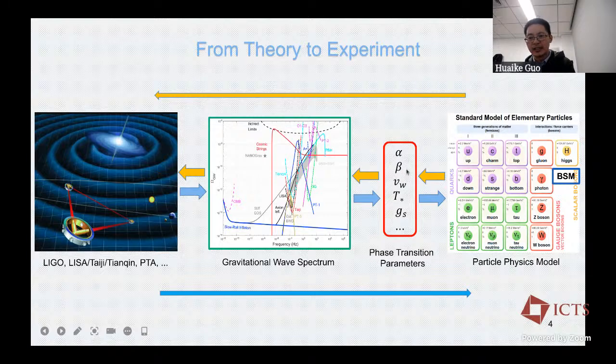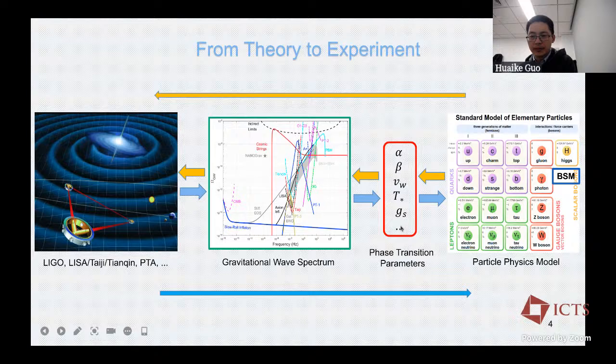Beta is some kind of frequency or inverse time scale. And v_w is the wall velocity, in the previous talk a figure about how the bubble expands and how fast it expands. T_star is the temperature when the phase transition happens, and g_s is the relative degrees of freedom for entropy.